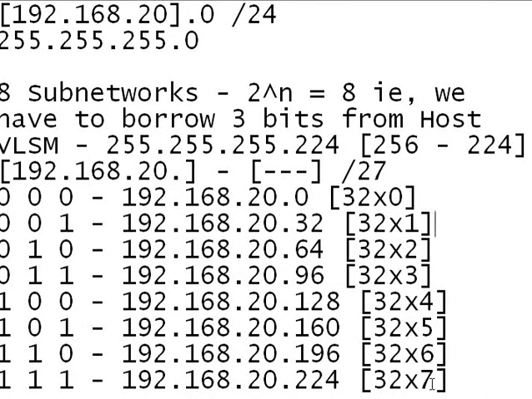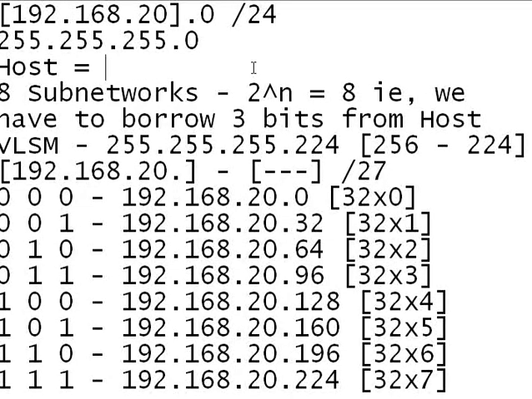There is another way of calculating the block size also. If I am borrowing 3 bits, the formula for the number of hosts is 2 to the power n minus 2.